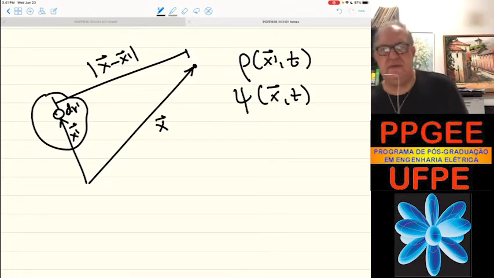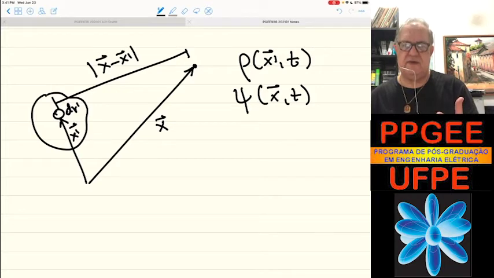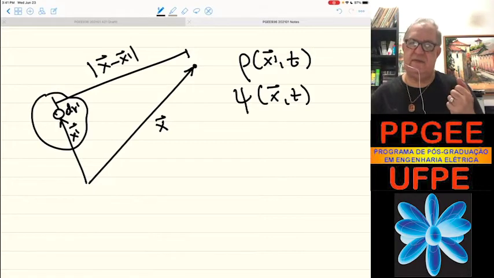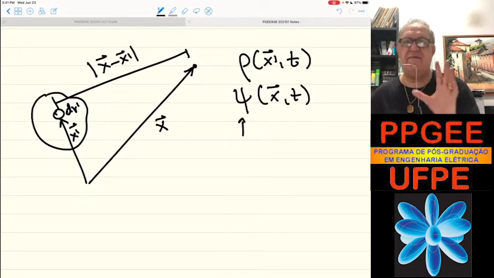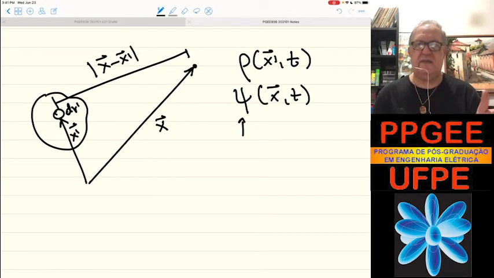So this solution doesn't have much physical meaning, even though it is an auxiliary function that will give the E and H fields which have physical meaning, right? But the potential itself doesn't have much physical meaning because there's no time delay between disturbance and the effect produced by that disturbance. There's no finite velocity of propagation, which is the velocity of light, because if I make a disturbance here, physically, we know that the field is going to be felt only after some time that depends on the distance and the velocity of light, right?